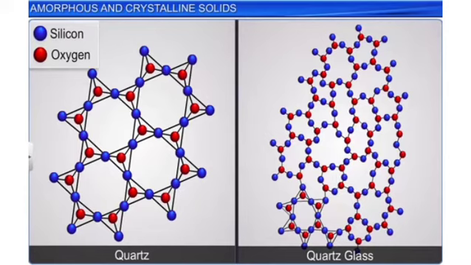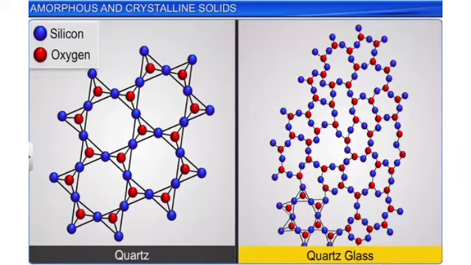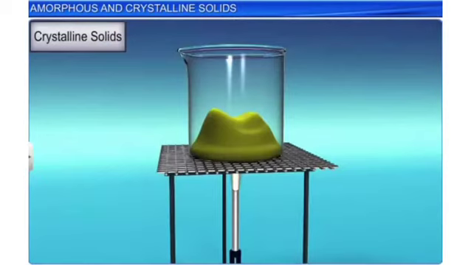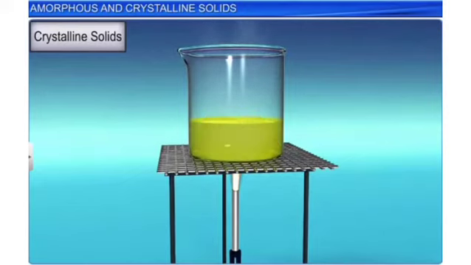Thus, amorphous solids do not have any definite geometry. There is short-range order, which means that there is an irregular arrangement of particles that repeats itself to a certain extent only. Glass, rubber, and plastics are examples of amorphous solids.